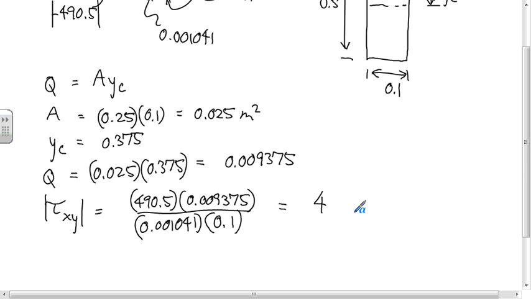Okay, so 444 times 10 to the 4 pascals. That's the absolute value.